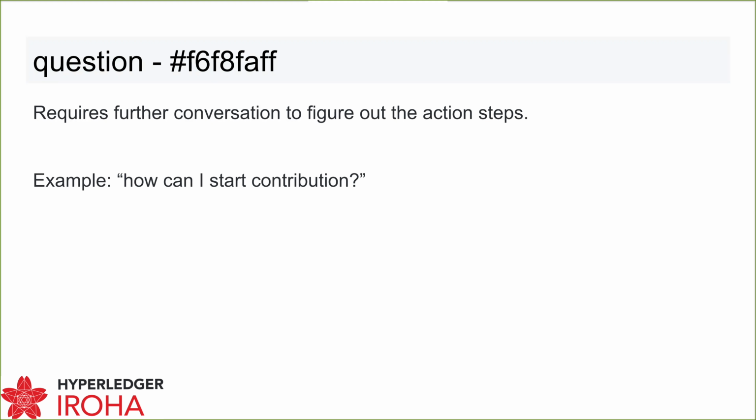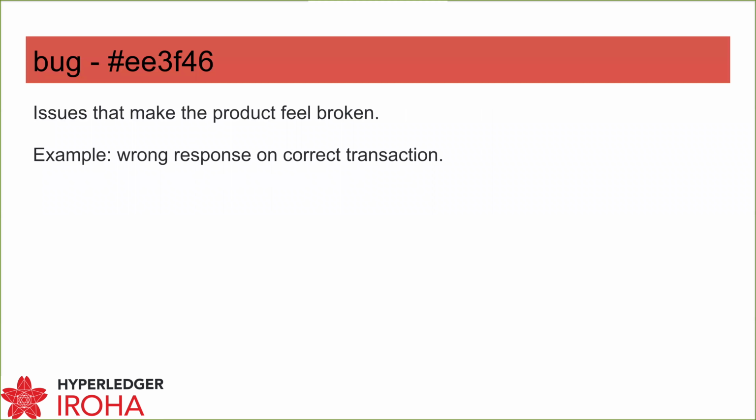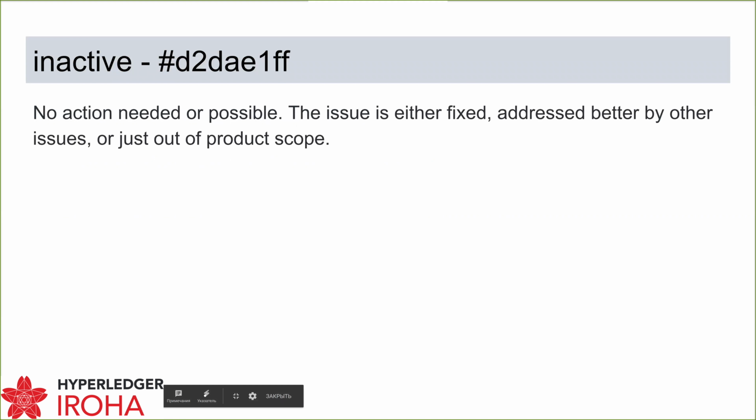This is any repetitive question that can be addressed. It can be marked with question. Also bugs, this is obvious. Inactive will be marked issues that are maybe months old, and there is no progress at all, and that's all.